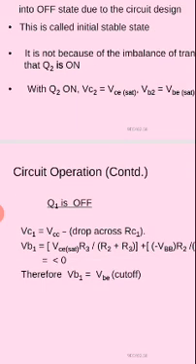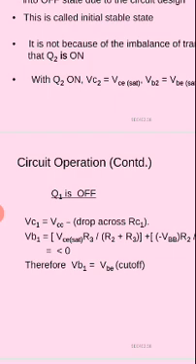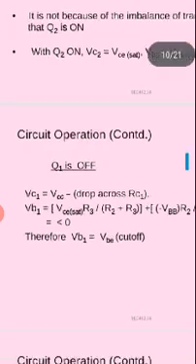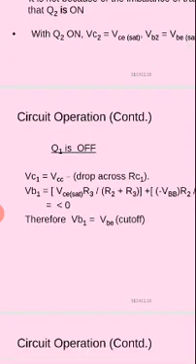With Q2 on, VC2 equal to VC sat, VB2 equal to VB sat, Q1 is off. VC1 equal to VCC minus drop across RC1.